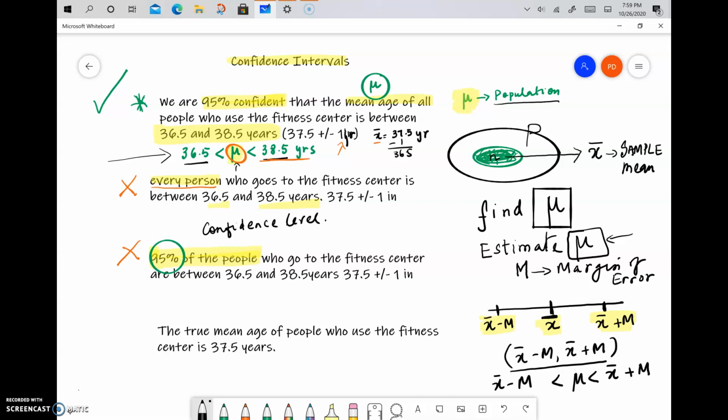At the end of the problem, we make a conclusion, and we have to word this conclusion very carefully. This is what we talked about in the last video. What's our concluding statement?